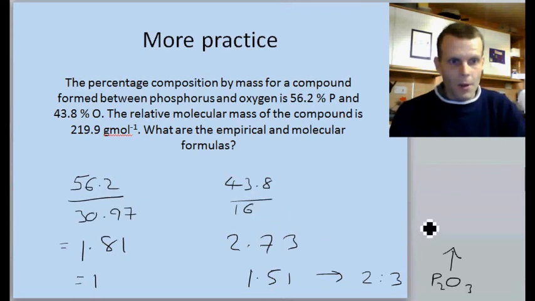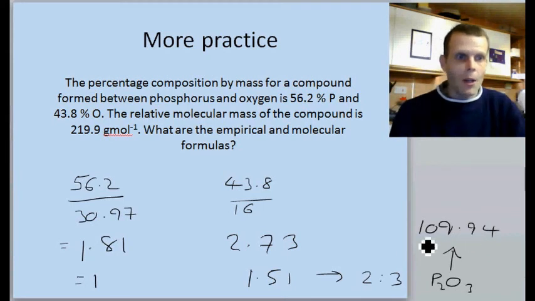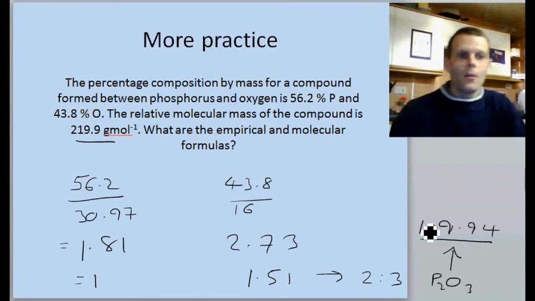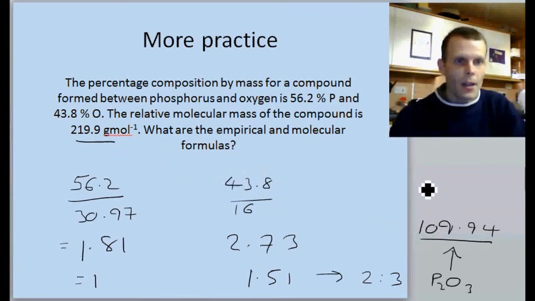So my mass of the empirical formula is 109.94. How many lots of this do I need to get the molecular weight? Well, hopefully you can see it's twice the amount. So my actual molecular formula must be P4O6.